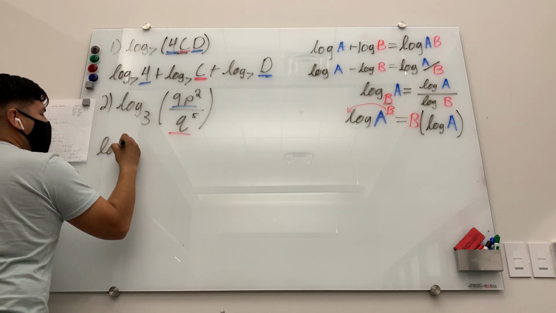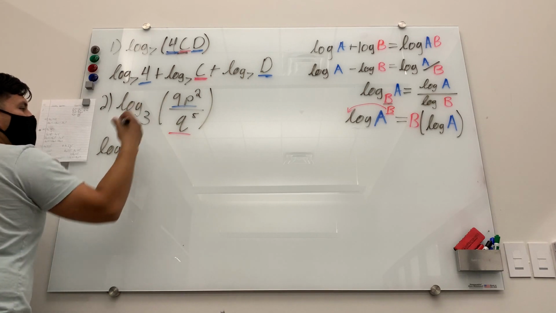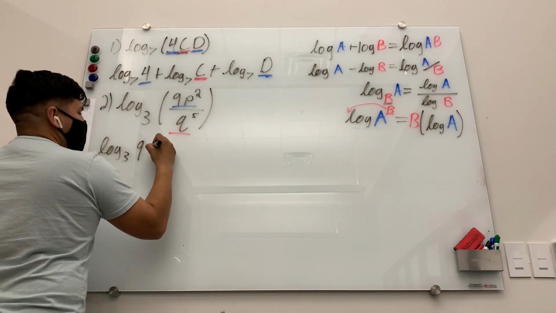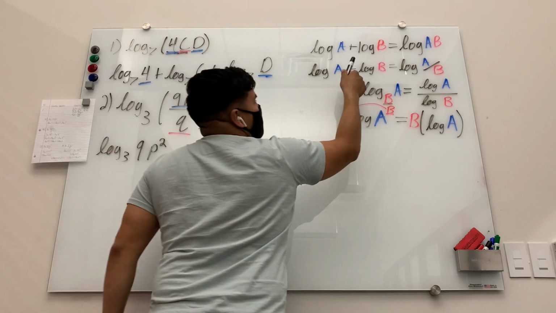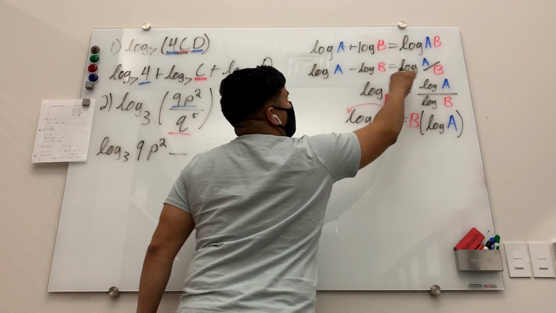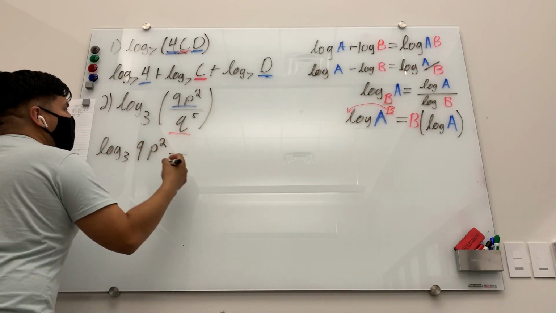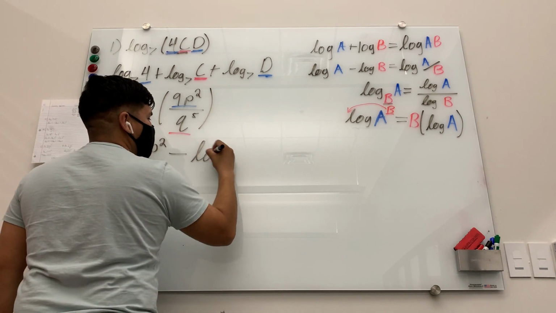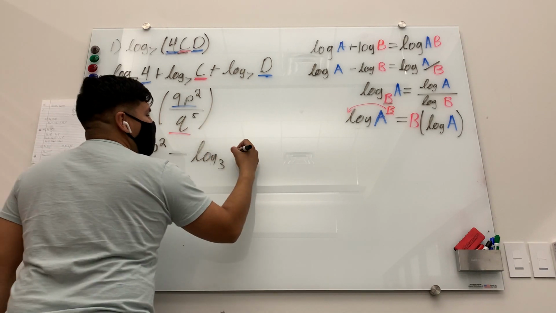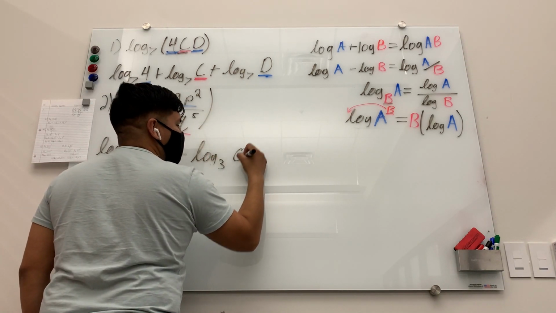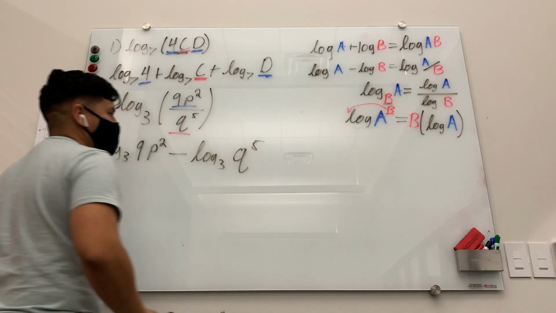So we have log base 3 of 9 times p squared minus log base 3 of our denominator, q to the 5th.